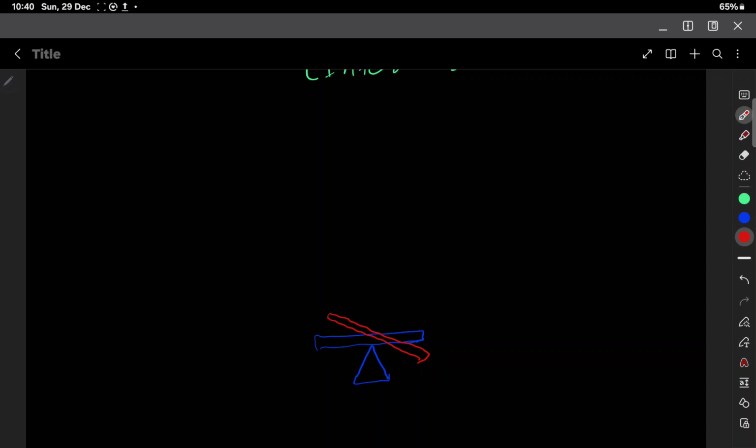The imbalance on one side is little, and on this side the imbalance is too much. The imbalance of anything, I can write as step number 1.